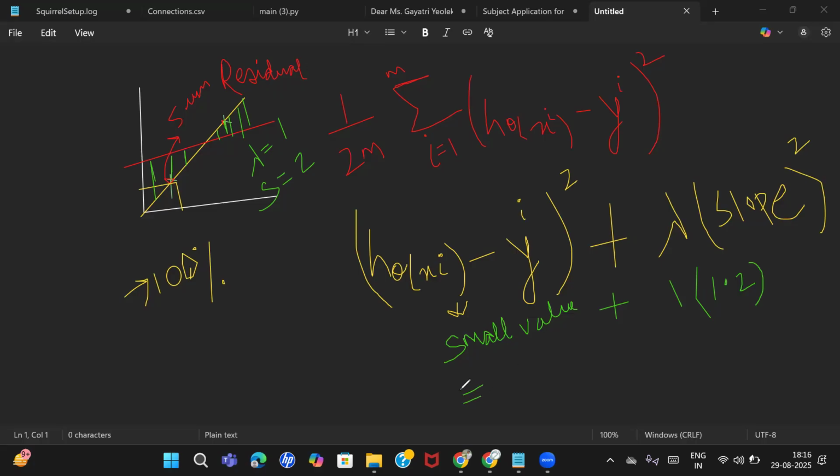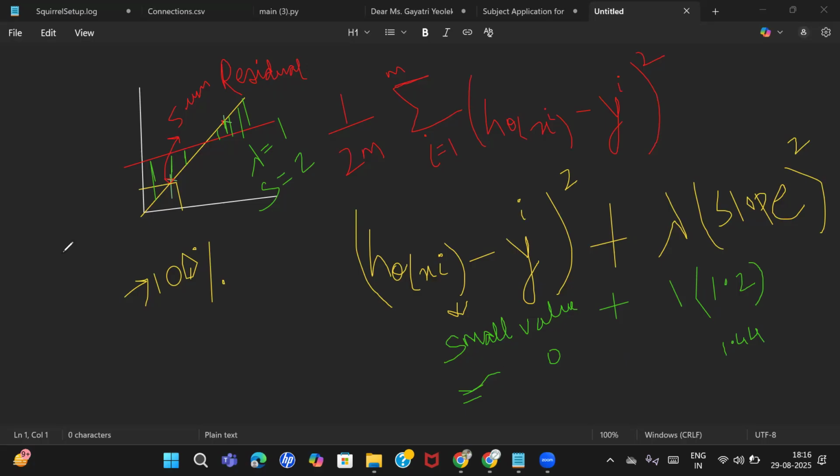Somewhere around, if we do this, it will come to 1.44, or somewhere around. Initially it was 0, so now let's take 0.8.